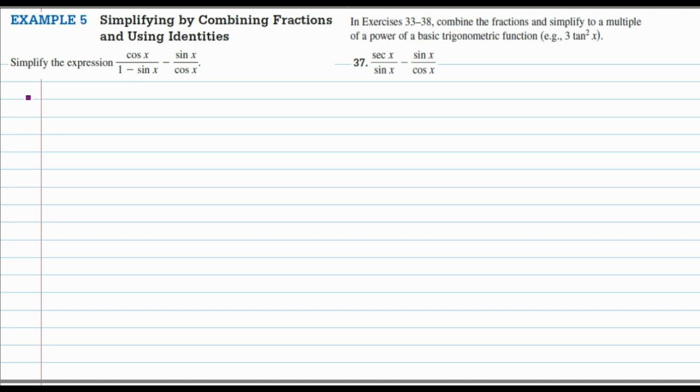So I'm going to write out the original fraction, cosine of x over 1 minus sine of x. And I'm going to multiply both the numerator and denominator by 1 plus sine of x over 1 plus sine of x. Now that'll be minus, again, the original fraction, sine of x over cosine of x, but I'm going to multiply this guy by another cosine of x.